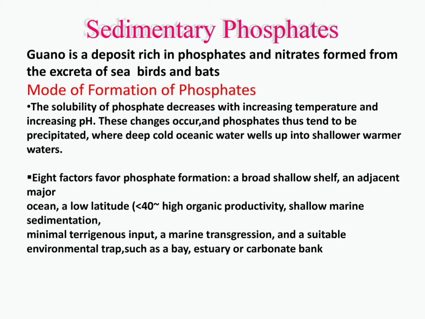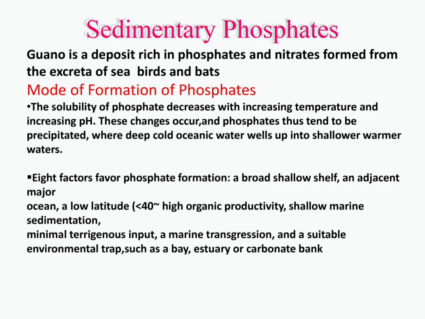This one is important. Another one is an adjacent major ocean. So at the broad shallow shelf you need an adjacent major ocean, and a low latitude, meaning less than 40°. So in low latitude regions you will see phosphate where there is high organic productivity.